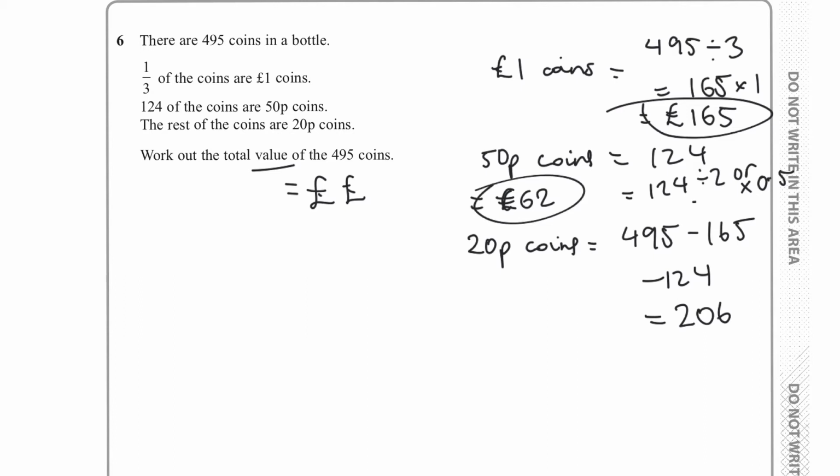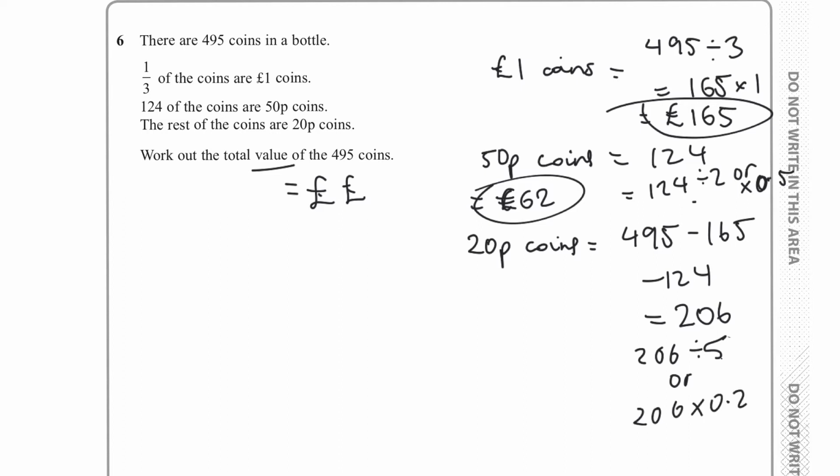Then in your 20p coins, you can either do the number of coins divided by 5, or if that does not make sense, another way is the same tactic as here, where for the 50p you did times by 0.5, so for the 20p you do times by 0.2.